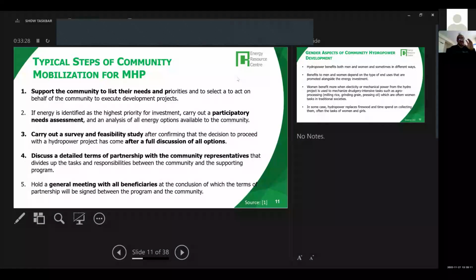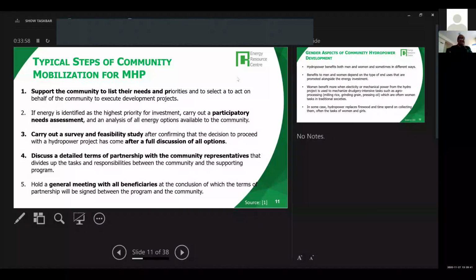Similarly, when you do the community mobilization, you should do a survey and feasibility study after confirming that the decision to proceed with the hydropower project has come with a full discussion of all options. So what are the other options to meet this demand? If hydropower is a preferred option, then you have to do a survey and feasibility study.